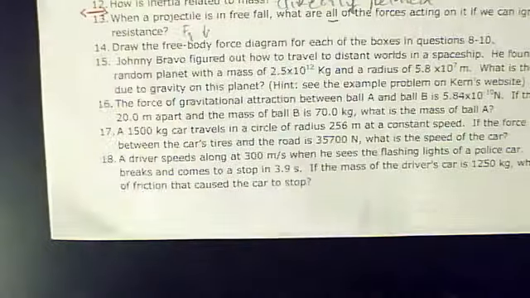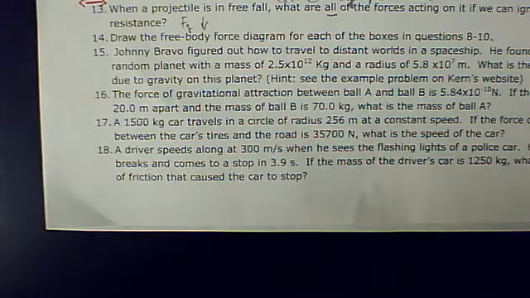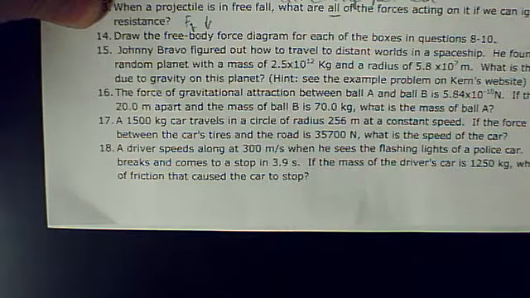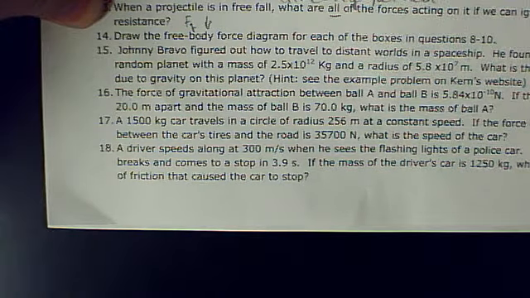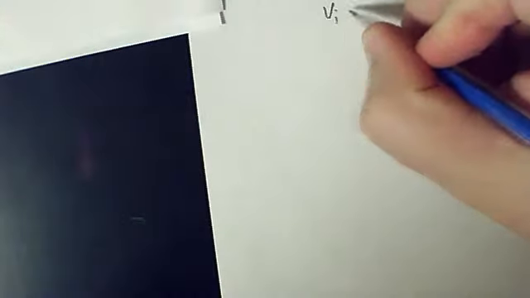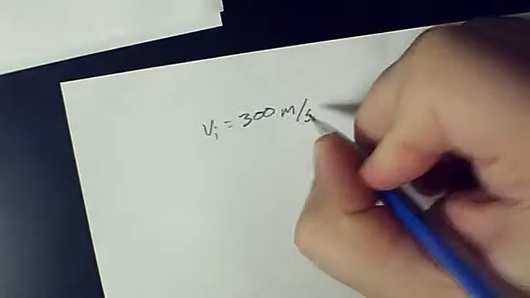And number 18. A driver speeds along at 300 meters per second when he sees flashing lights of a police car. He slams on the brakes, comes to a stop in 3.9 seconds. If the mass of the driver's car is 1,250 kilograms, what was the force of friction that caused the car to stop? So, it gives me the initial velocity is 300 meters per second.